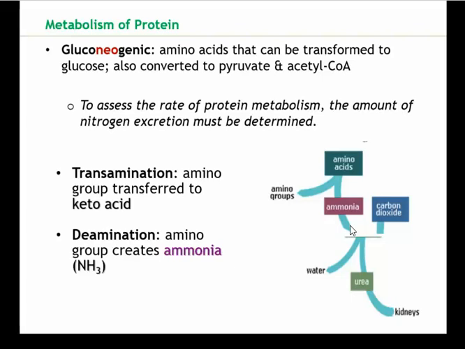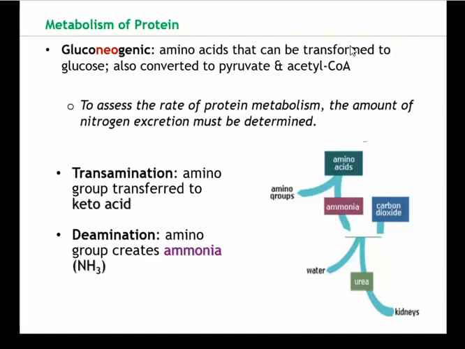To prevent this disruption of the acid-base balance, the liver combines 2 ammonias with 2 carbon dioxides like you see here, and that will create water and urea. So urea is in the bloodstream, and then it's excreted in the urine through the kidneys. So that's the process of each of these, and that is protein metabolism. So that's how we can metabolize protein.